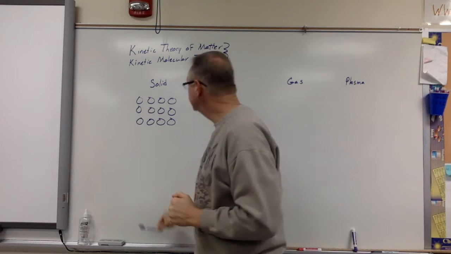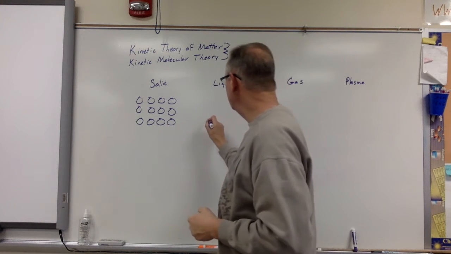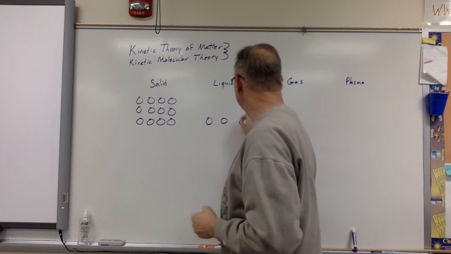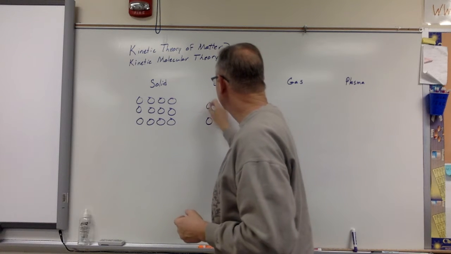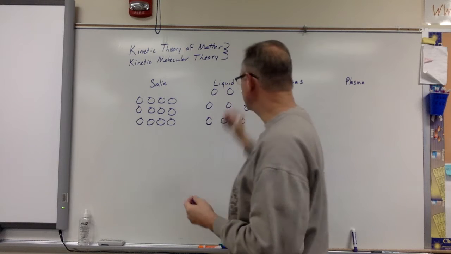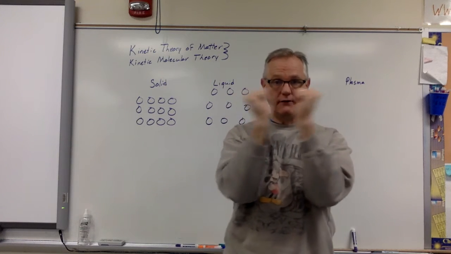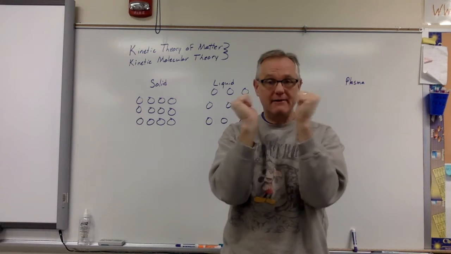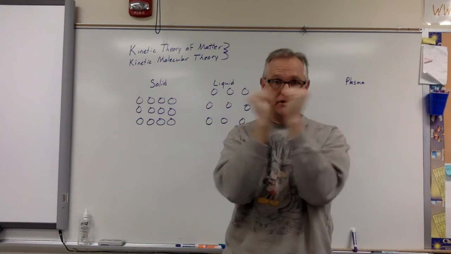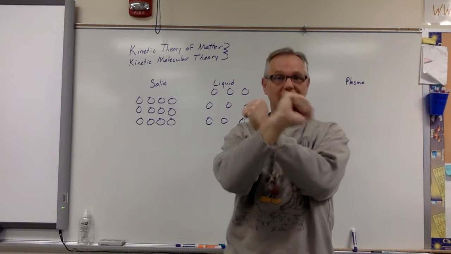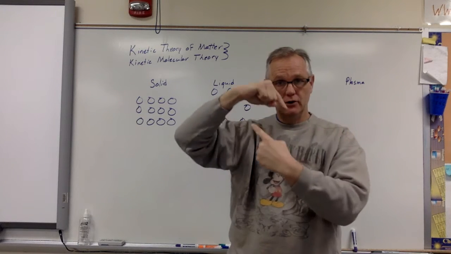So what does a liquid look like? Well, liquids are going to look very similar. They still have a lot of structure to them, but now these particles are just far enough apart so that maybe after 10 collisions, maybe after 100 or 1,000 collisions, they can move around one another.